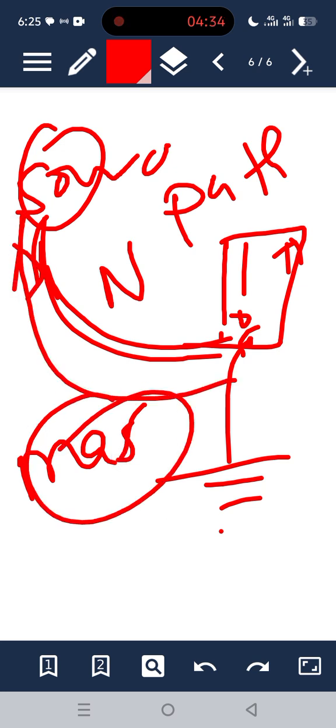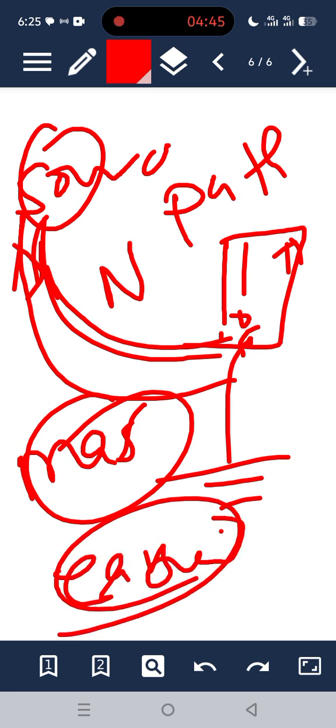So as I said, the reason the earth wire protects you is that it provides an easier path to return to the source rather than using your body.